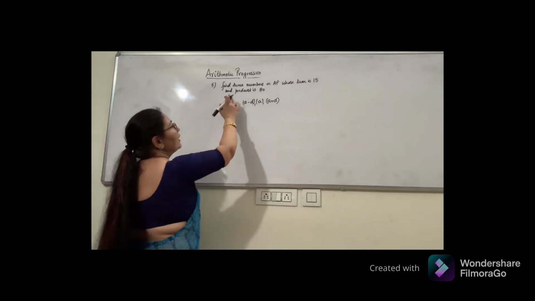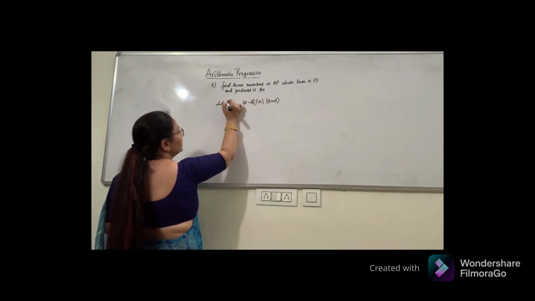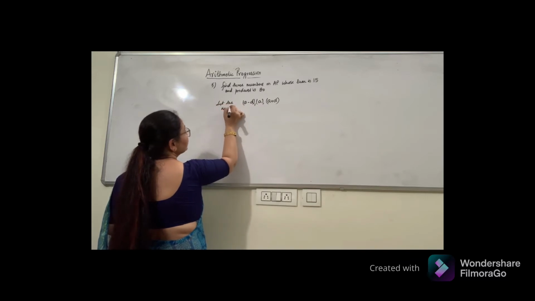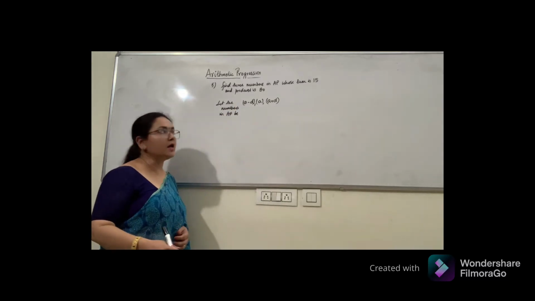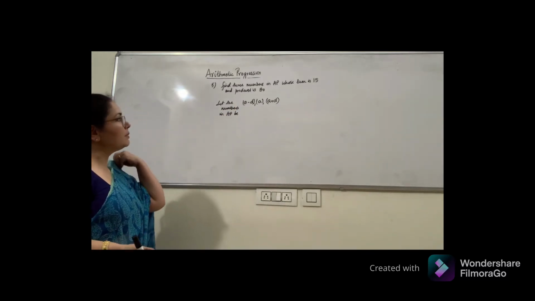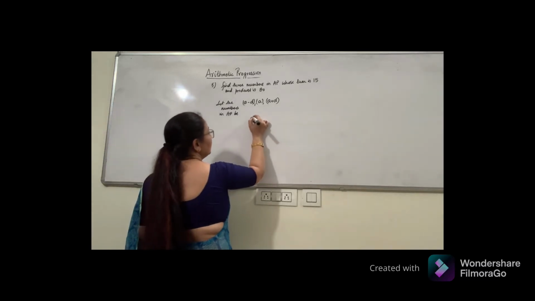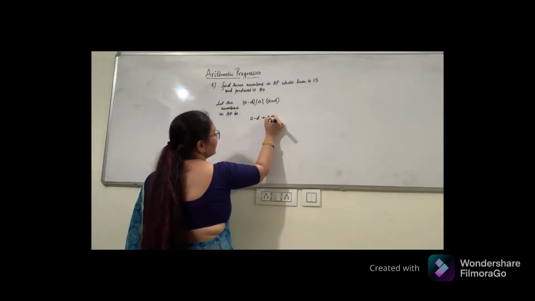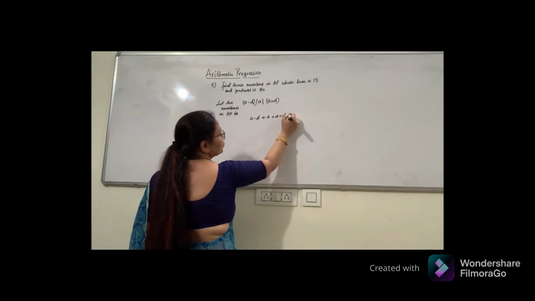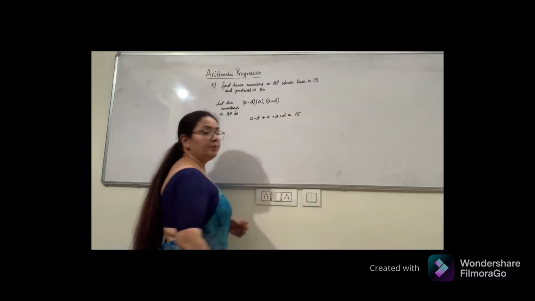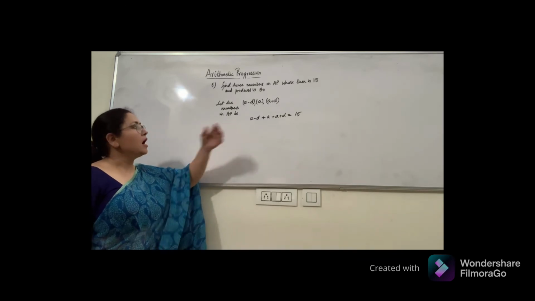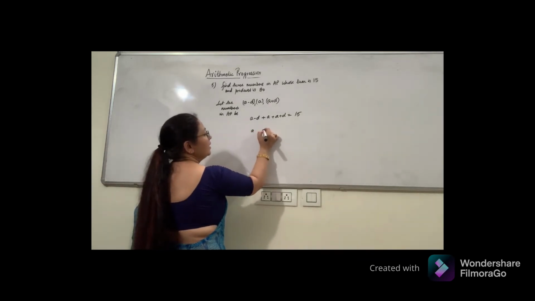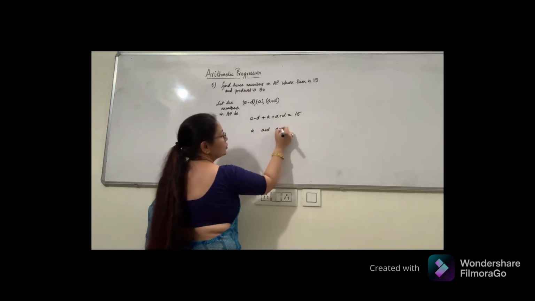Okay, so now he's saying let the numbers in AP be a minus d, a, and a plus d, and whose sum is 15. When sum is given, a minus d plus a plus d, so we'll get 15. अब कोई स्टूडेंट बोलेगा मुझे कि मैम ऐसे नहीं, हम ऐसे भी तो कर सकते थे, a, a plus d and a plus 2d.